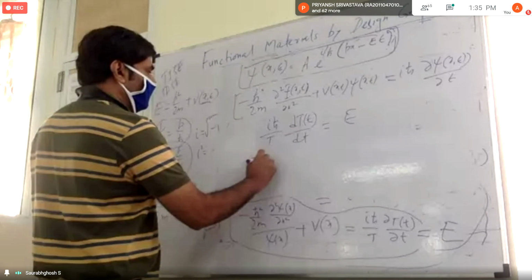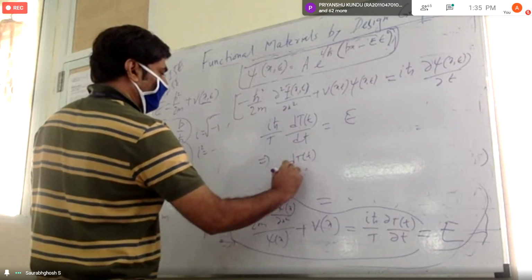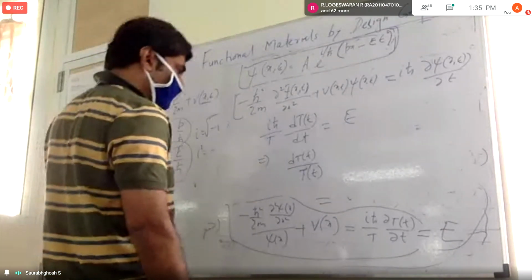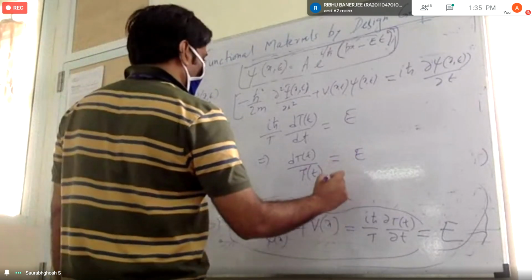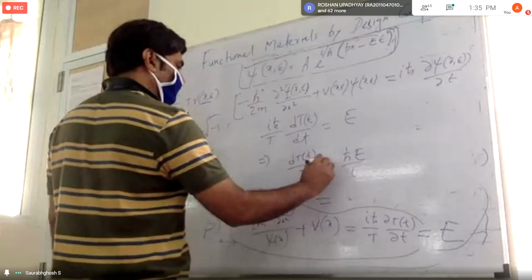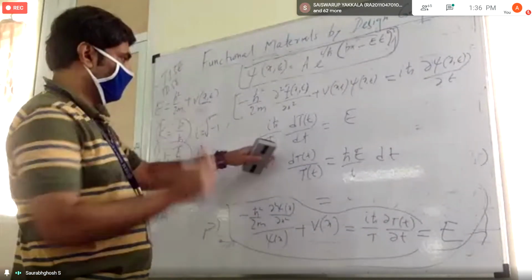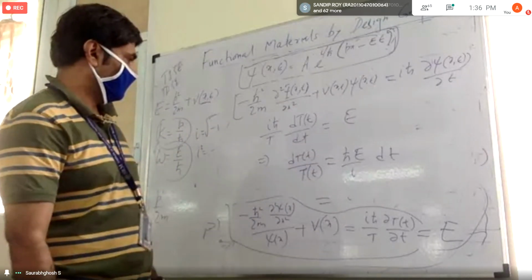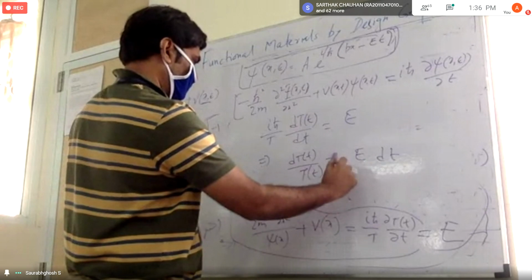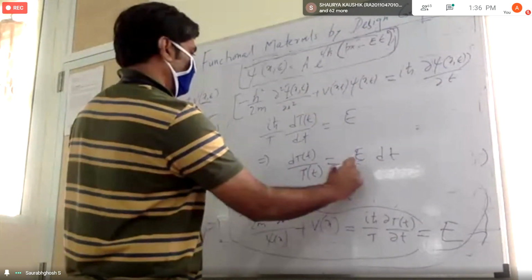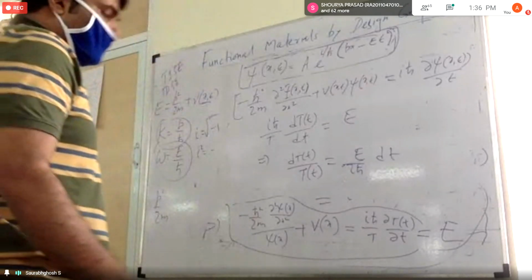So the solution of this equation, how are we going to do it? That means dT by T is equal to E by i h cut dt.